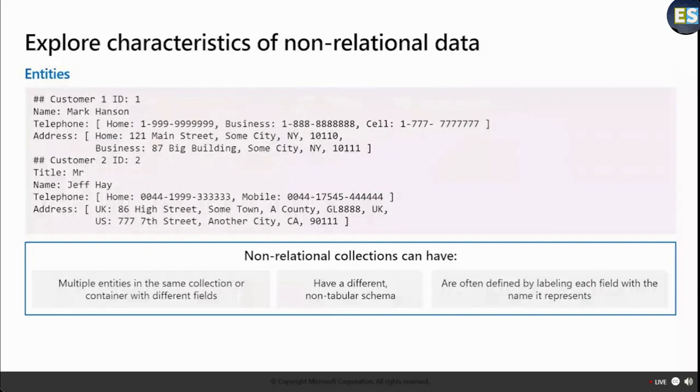For example, the key here is ID, name, telephone, and address. And the value would be 1, Mark Hansen, the phone numbers and addresses of Mark Hansen. The simplest type of non-relational database enables an application to either specify the unique key or a range of keys as the query criteria.